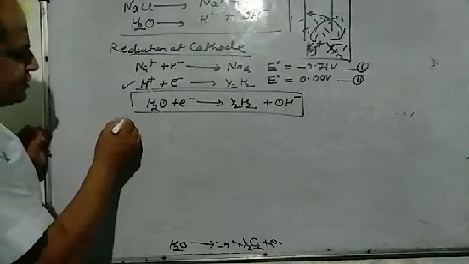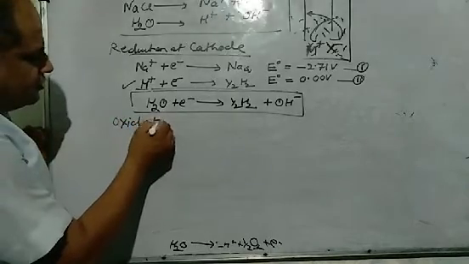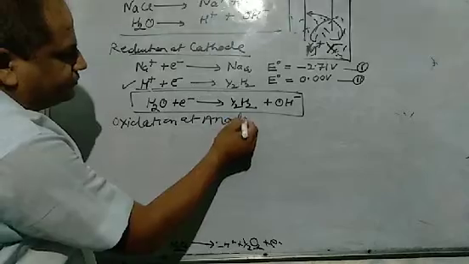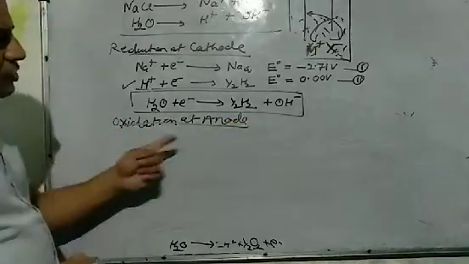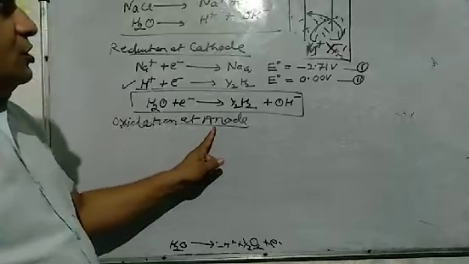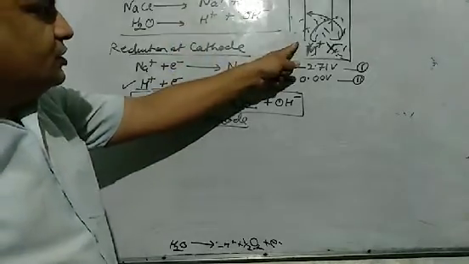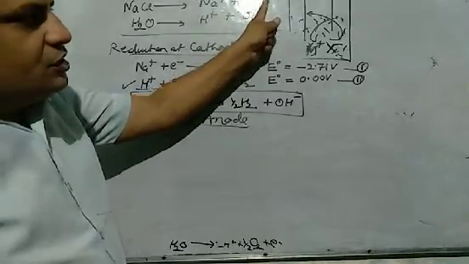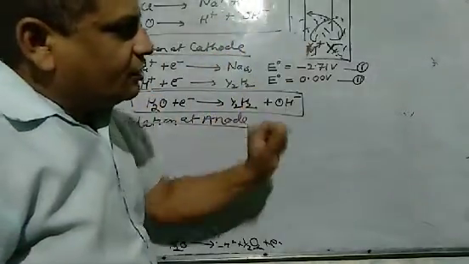Now, oxidation at anode. As you know, the oxidation reaction occurs at the anode. Here in the electrolyte two types of anions are present, both move toward the anode.